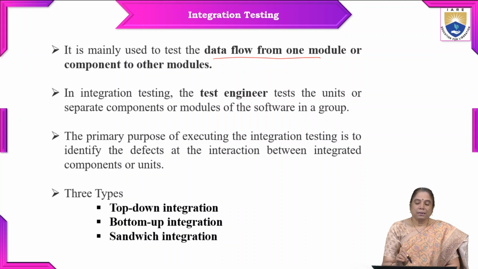So the testing engineer tests the units or separate components or modules of the software in a group, and they are integrated to perform the integration testing. The primary purpose of executing integration testing is to identify defects in the interaction between integrated components and the data sharing and parameter passing between the components.